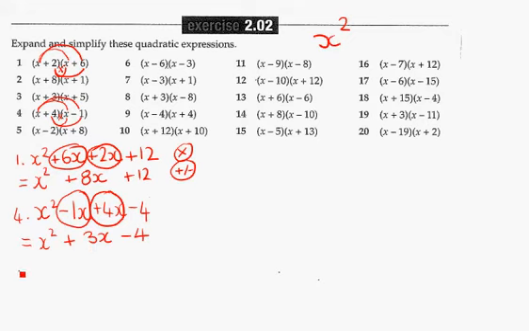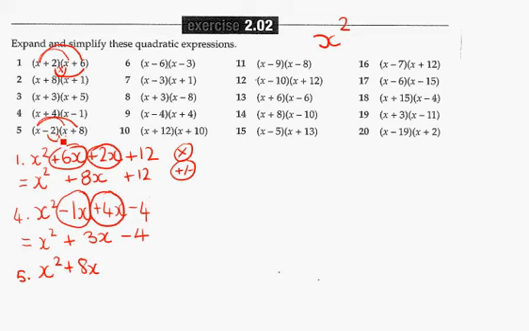We could try number 5, and we'll just erase some of that working. Let's try number 5. Once again, we're multiplying. X times x, there's my x squared term that makes it a quadratic expression. The highest power in the expression is x squared. X times positive 8 will be positive 8x.